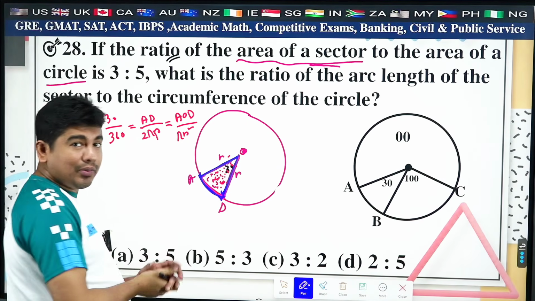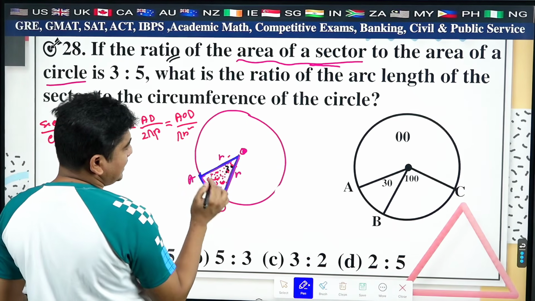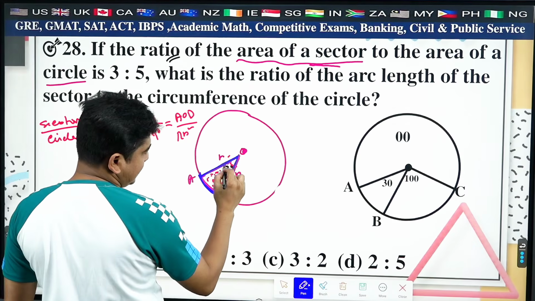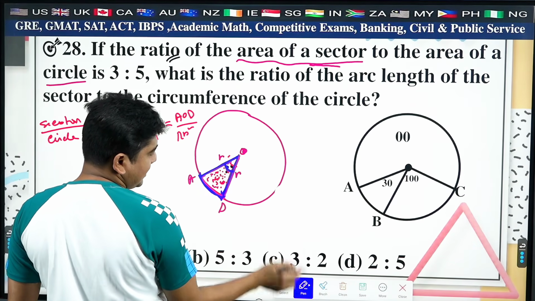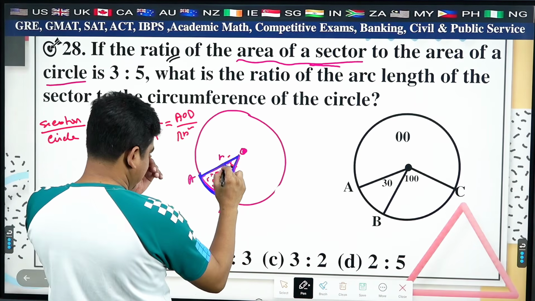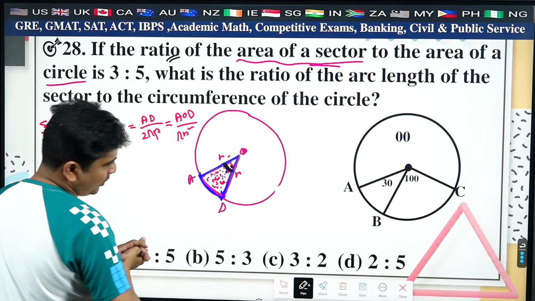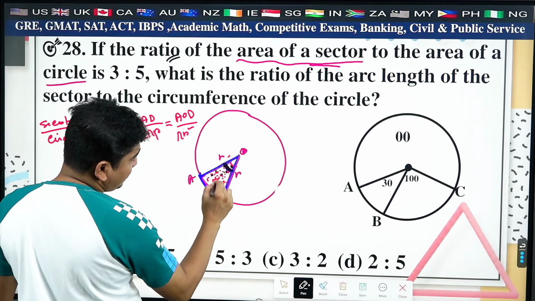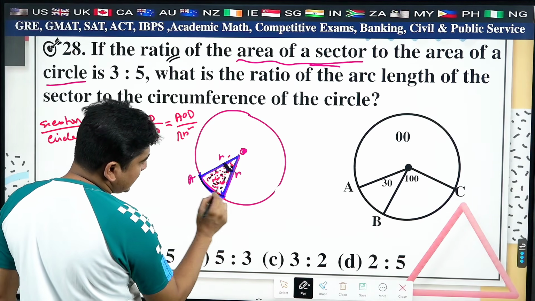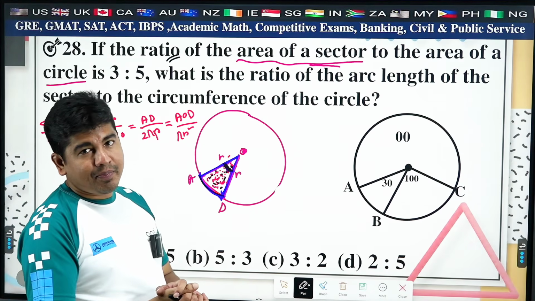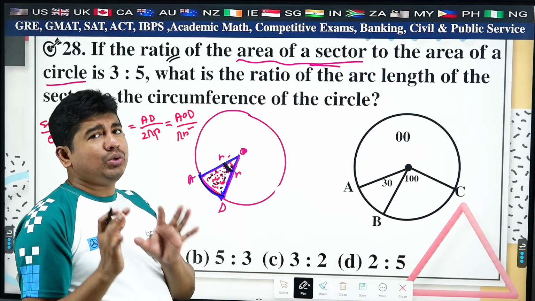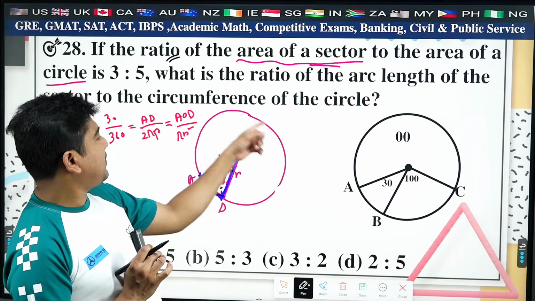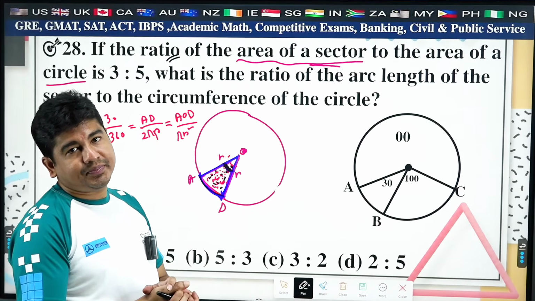In this sector, there is three things. The angle of this sector, the area of this sector, the arc of this sector are the same ratio as the circle.